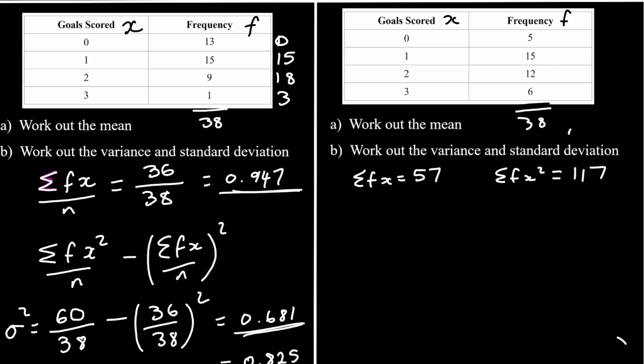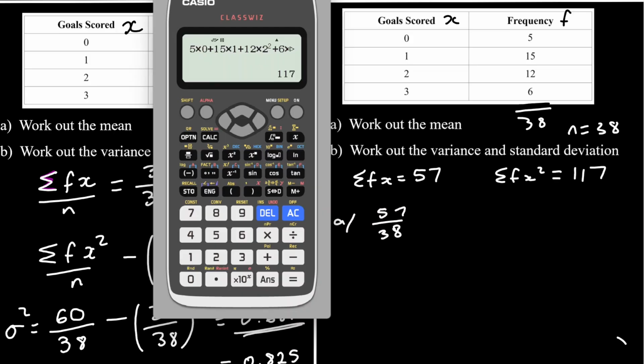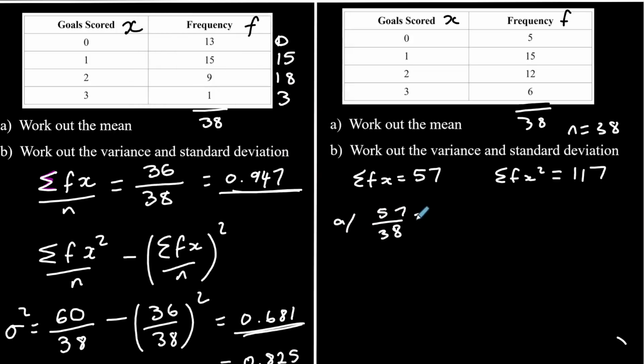So n is 38. So the mean is 57 over 38, which is 1.5.